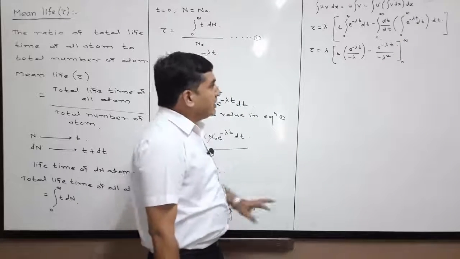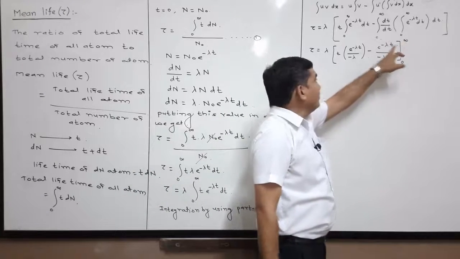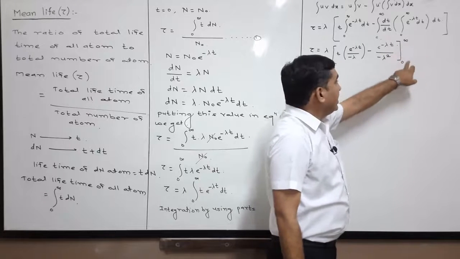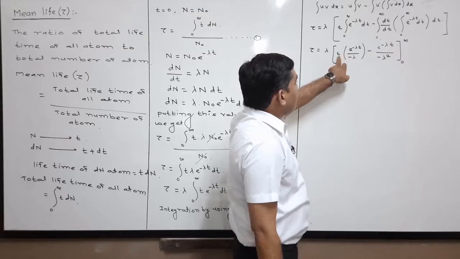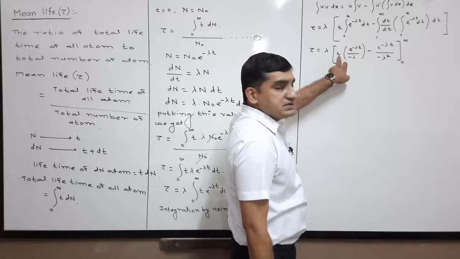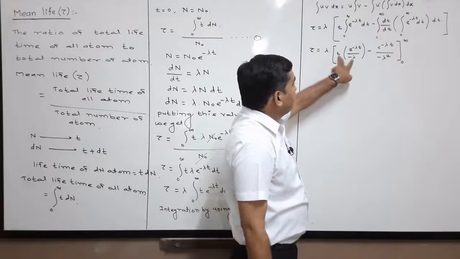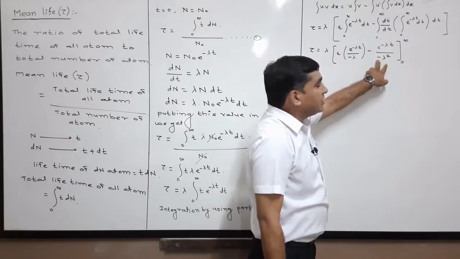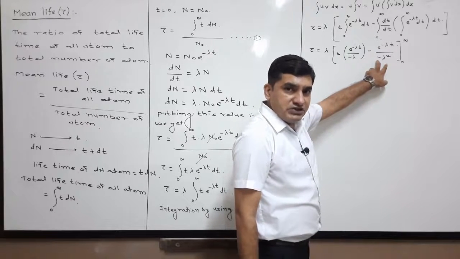Now when we put the value of t as infinity and 0: when we put t as infinity, this term became 0, this term also became 0.